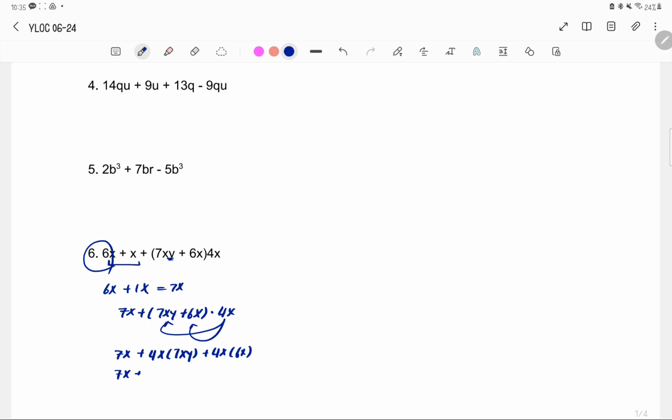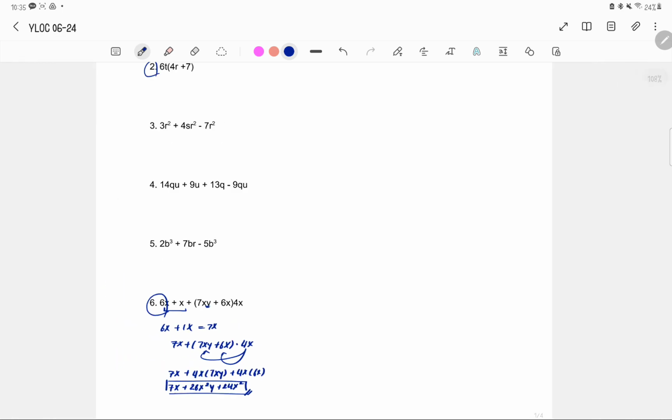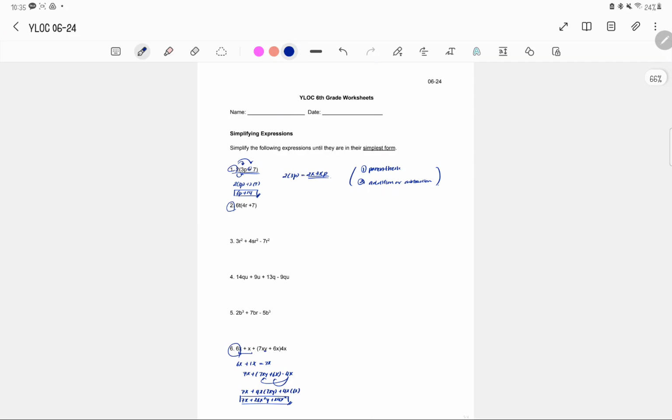Multiply it all, and it's 28x squared y plus 24x squared, and that's your answer. No parentheses, simpler version.